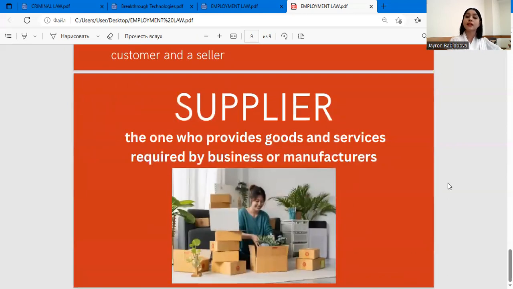And we have the last picture here. This is the person who provides goods and services required by businesses or manufacturers, and this person is called a supplier. Why? Look at the picture. This person is very happy about packing the very same thing. For example, you know about Kylie Cosmetics.